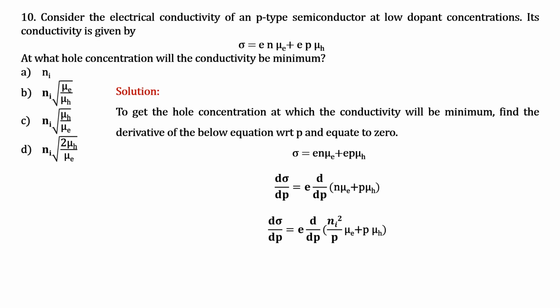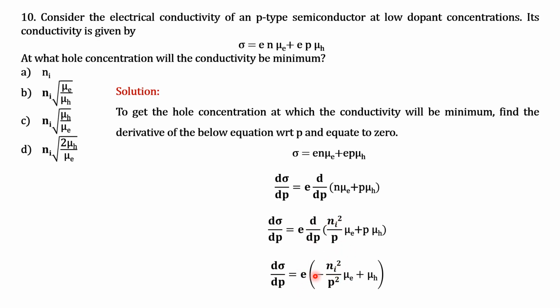E is a constant, it is already taken outside. mu E we will again take outside. ni square is also constant. We have to take the derivative of 1 by p, which is minus 1 by p square. Then we have to take the derivative dp by dp, which is equal to 1. Therefore, in the whole bracket, we have e outside. Here ni square is a constant.